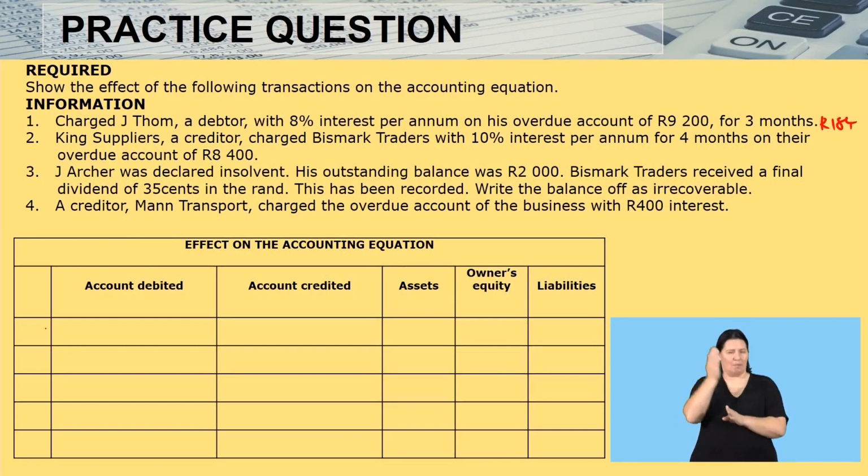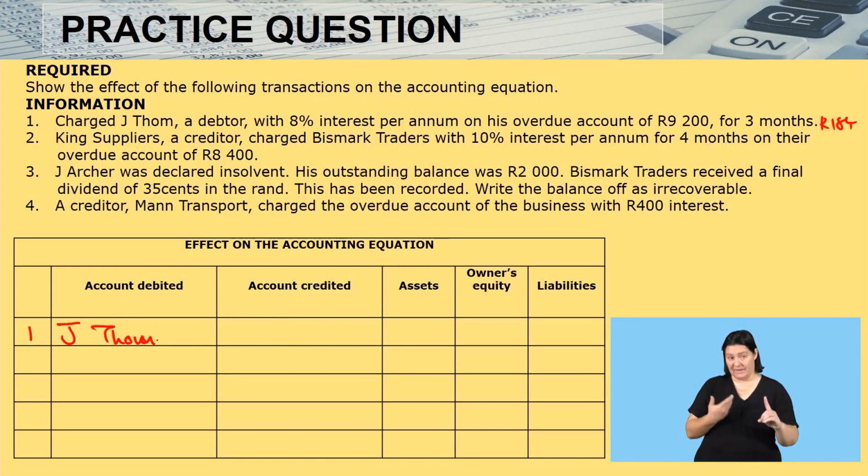I'll come here on the first account debited. Which account do we debit? We debit the debtor's account, J. Tom. All right? And once we debit J. Tom, that means our assets are increasing, plus 184.